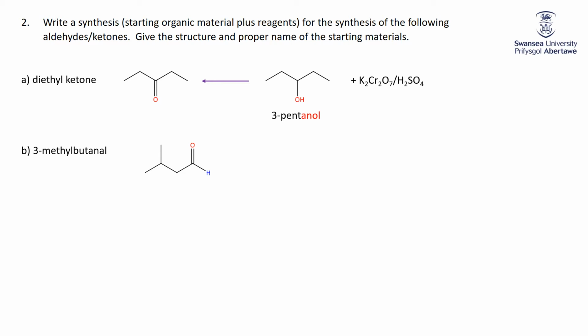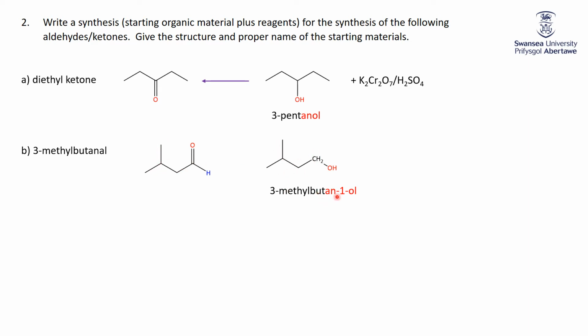3-methyl-butanal. So here we've got an aldehyde at the end of the 1, 2, 3, 4 carbon chain with a methyl group at the 3. So this is of course going to come from a primary alcohol. This carbon, instead of having a double bond O and an H, will just be a primary alcohol, so it'll be a CH2OH, just like that one. Notice the methyl there is the same, and we've still got the 4 carbons in the chain.